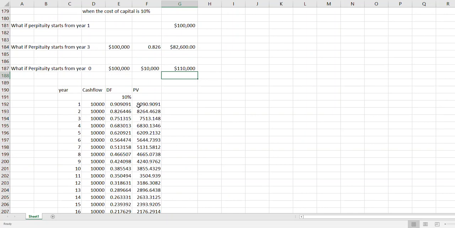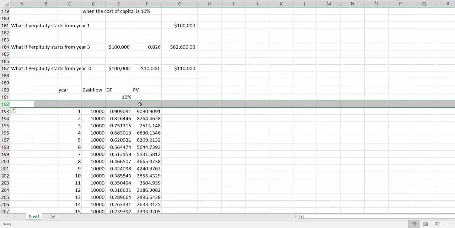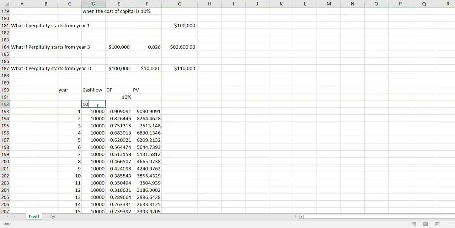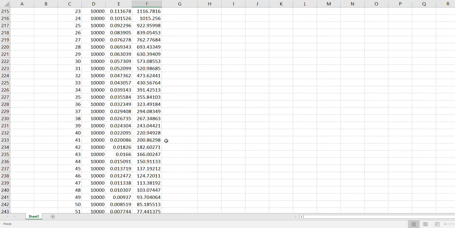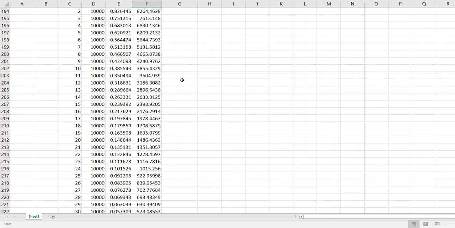Now let me add this here. You will see it makes sense. If I receive 10,000 in year 0 and the discount factor is 100%, or 1, now if I add this, it makes sense.